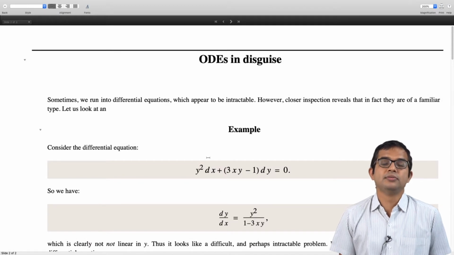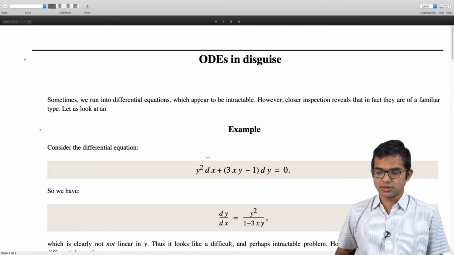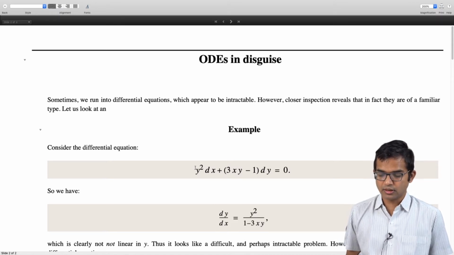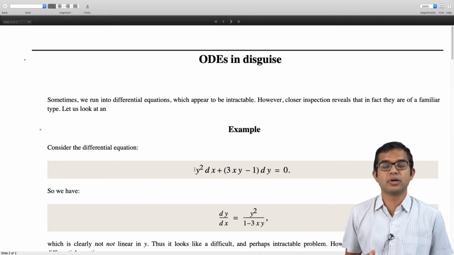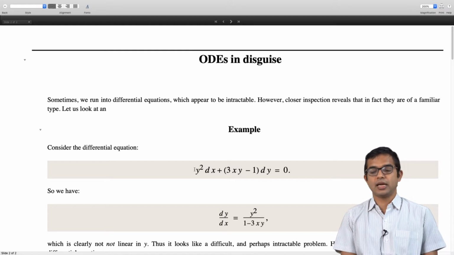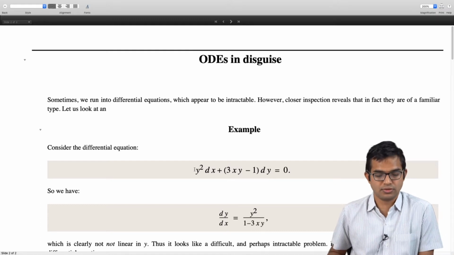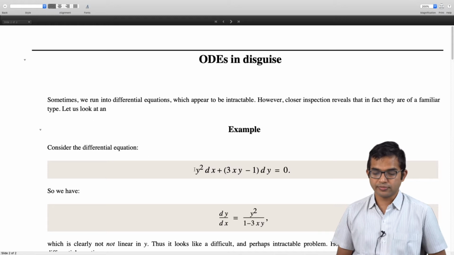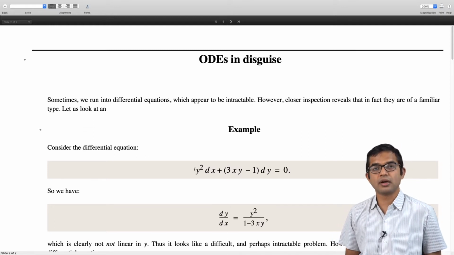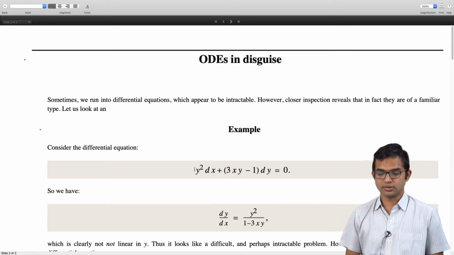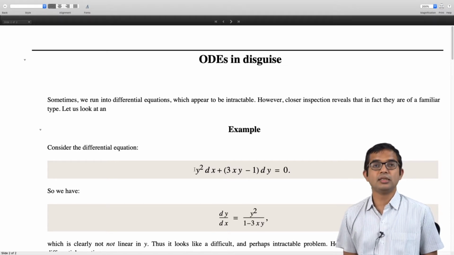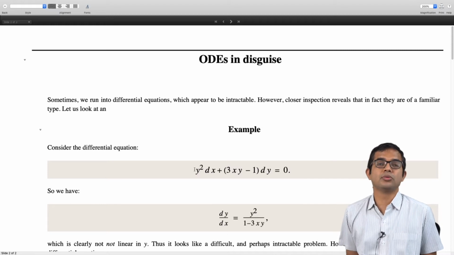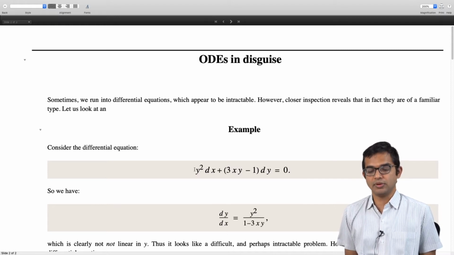Let us start with an example of a differential equation which is written in terms of differentials of x and y. So you have a differential equation y squared dx plus (3x minus y) dy is equal to 0, right? So naturally we would like to write it down as the derivative dy by dx is equal to y squared divided by (y minus 3x), or in a bit to bring it to one of the standard forms that we are already familiar with.